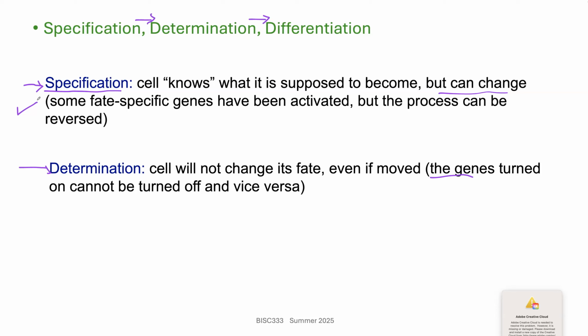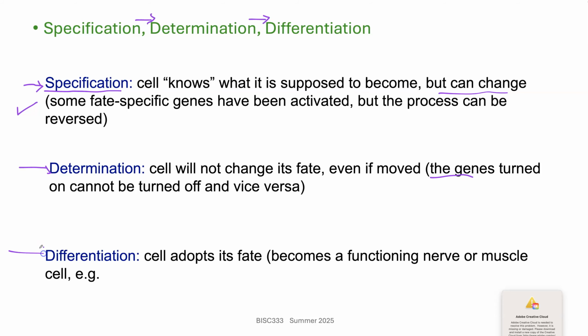It's expressing the genes that are needed, and if left undisturbed, will go ahead and form whatever that structure or whatever that tissue is. But if something changes, you can reverse it. When cells are determined, even if you move them to a different location, provide them different signals, they will not change their fate. The changes that have taken place are what we would call irreversible.